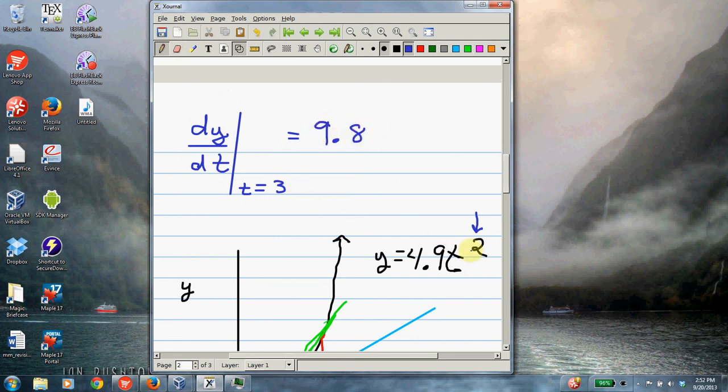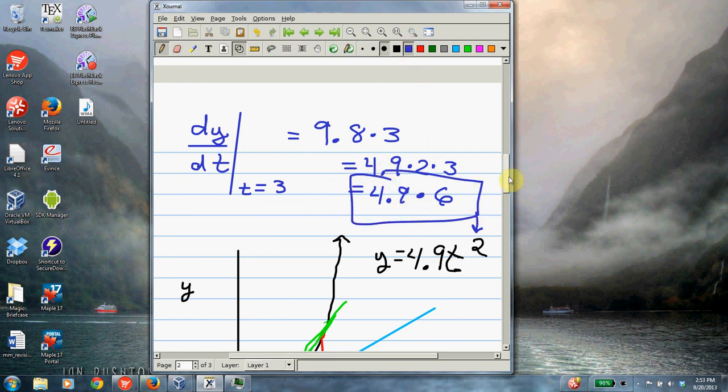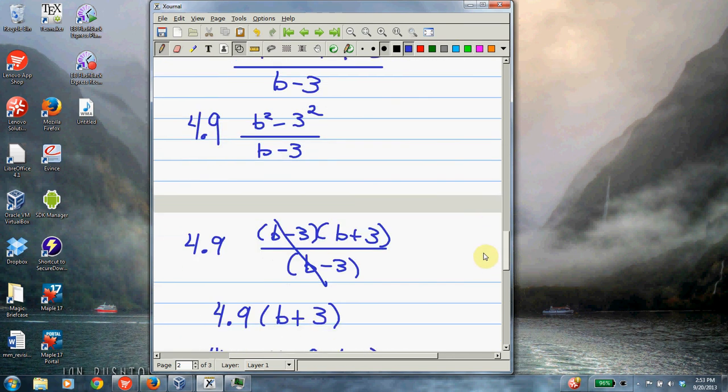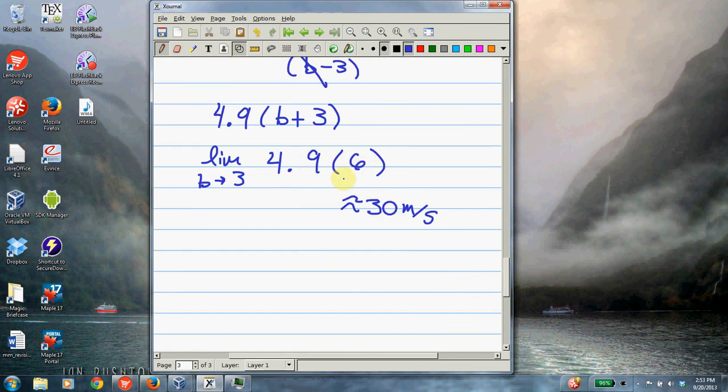And so now plug 3 in for t. So this is also 4.9 times 2 times 3, right? Which is the same thing as 4.9 times 6, which is exactly what we got doing it the hard way, right? 4.9 times 6. So we got that one way, and we got it the other way too. So here's the answer, 4.9 times 6. So great, that's the end of this problem.